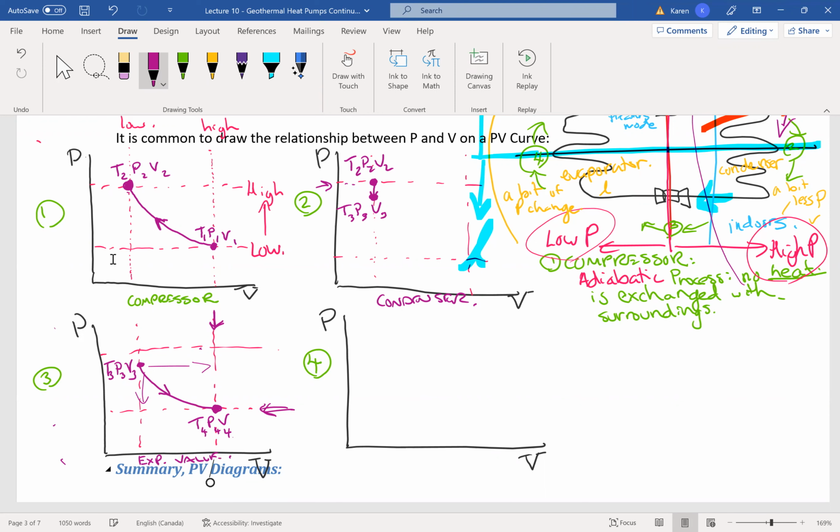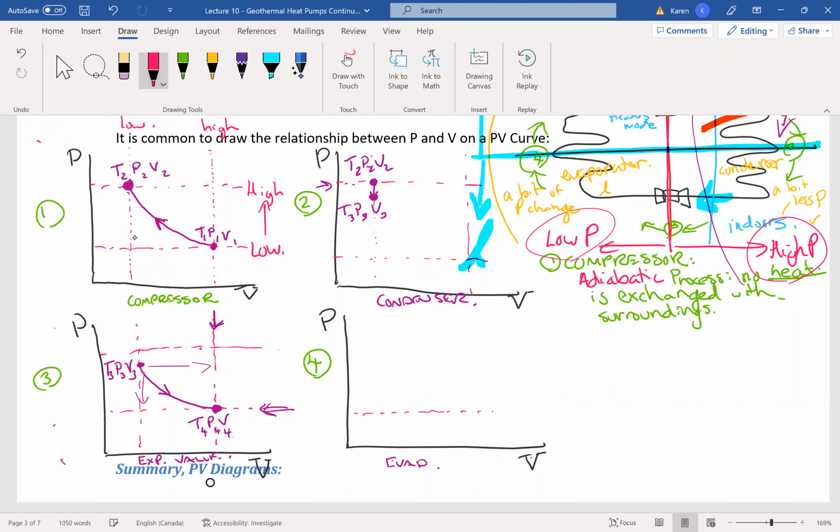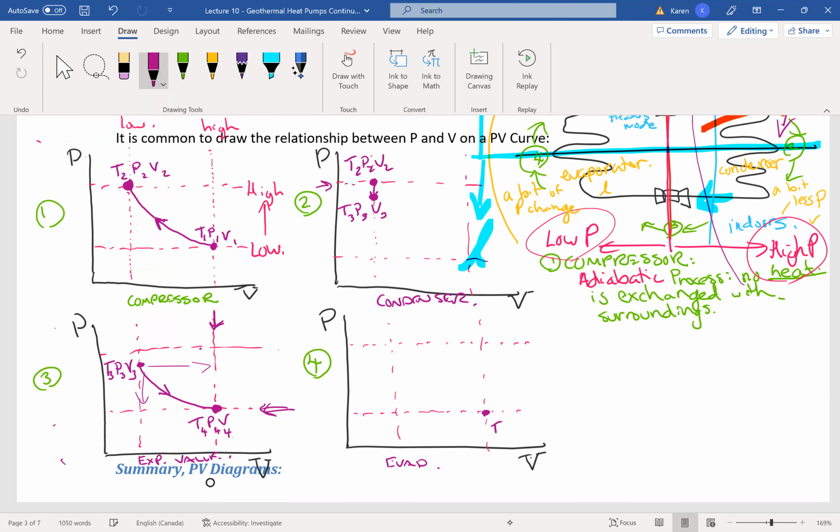And it's a similar type of curve that went across the compressor. So now we're going to look at the evaporator, and we're going to want a constant volume. What kind of volume? Is it going to be low volume? Is it going to be high volume? Well, we just expanded, so we should be on the high volume line. So we started at this high volume line at TPV4.